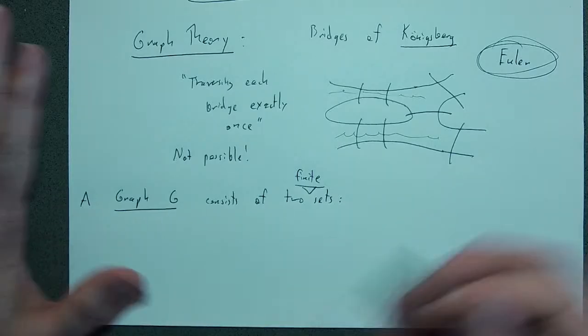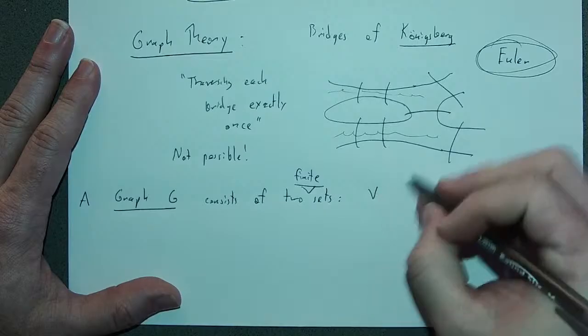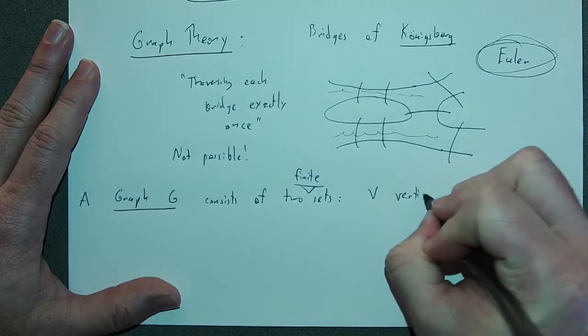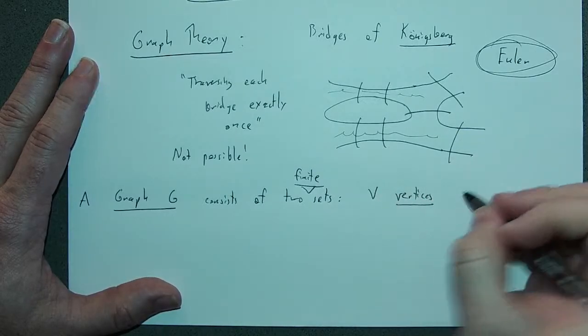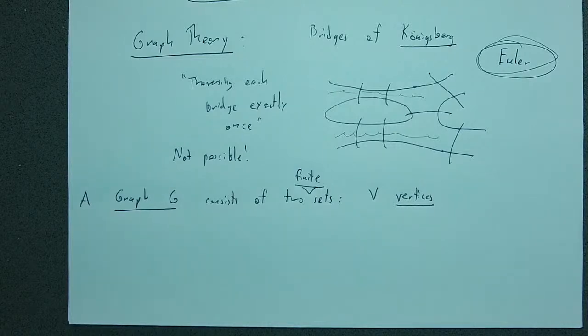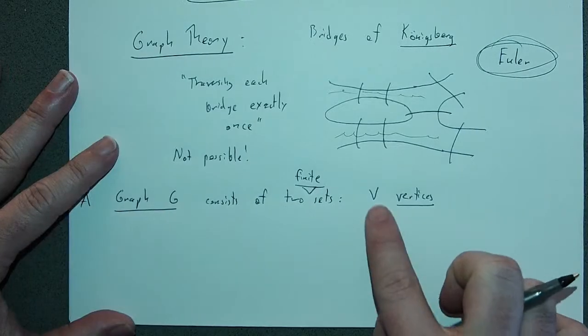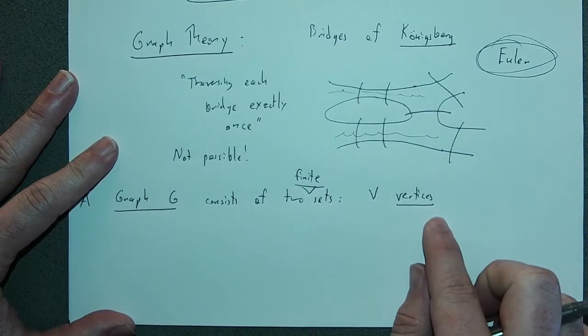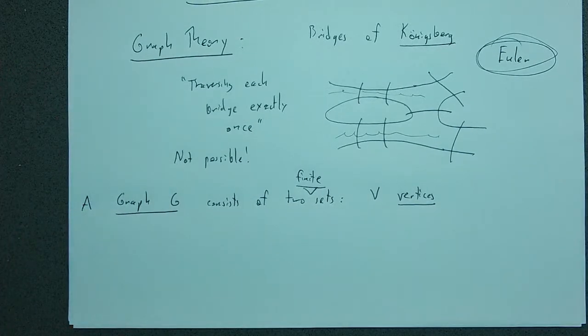So the two sets are V, the set of vertices. There's not a lot of structure on a set itself. We're not going to go into the mathematical logic direction necessarily. It's just a set. The objects in this set are vertices. Maybe I've labeled those with numbers, maybe with letters from some alphabet, but those are my vertices.